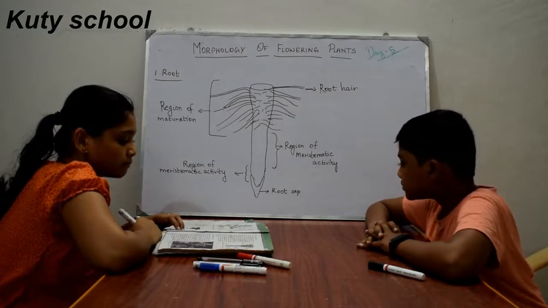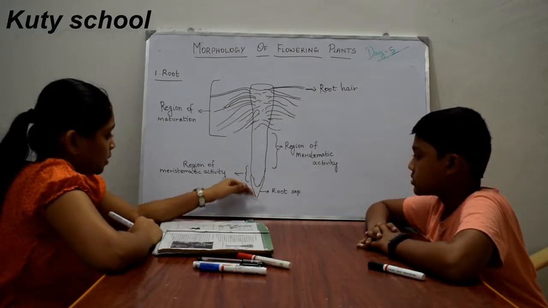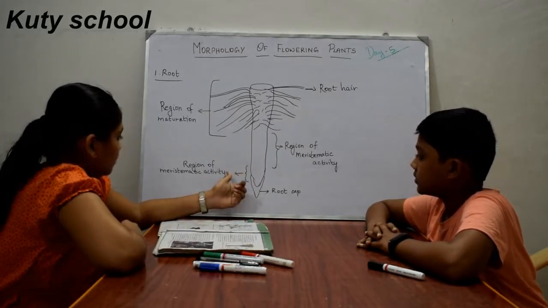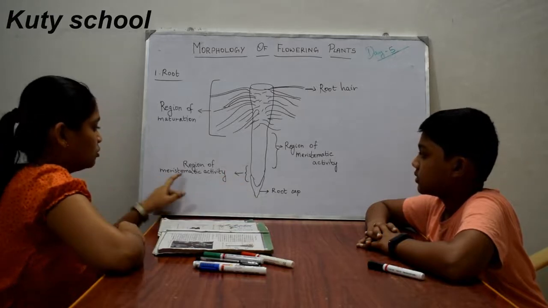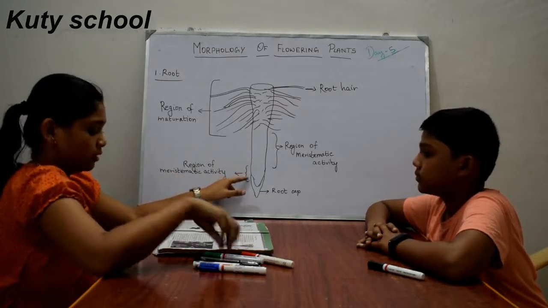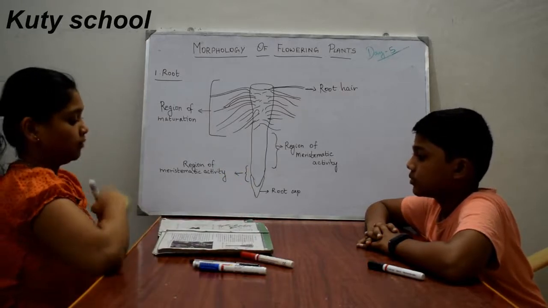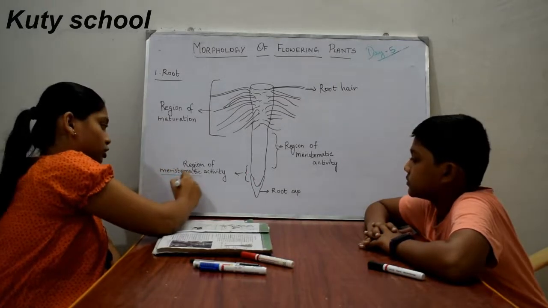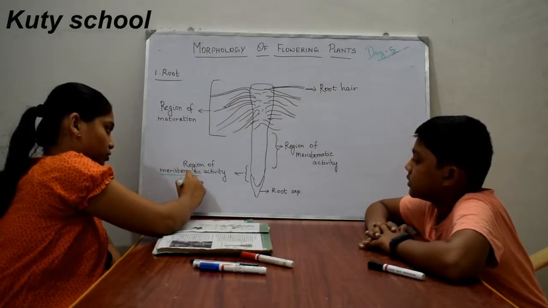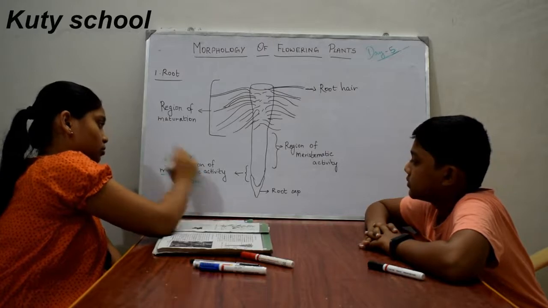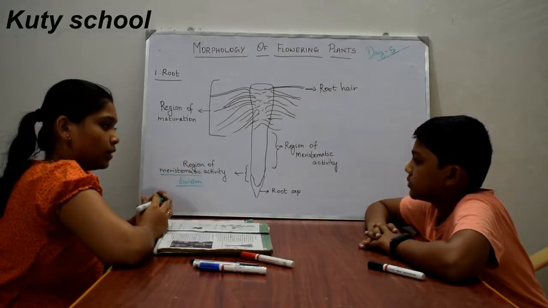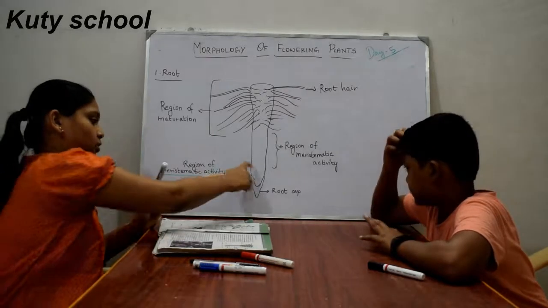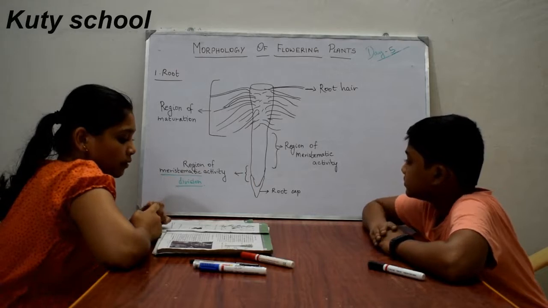A few millimeters above the root cap is the region of meristematic activity. Meristematic means division of cells, so various divisions of cells happen in this region.